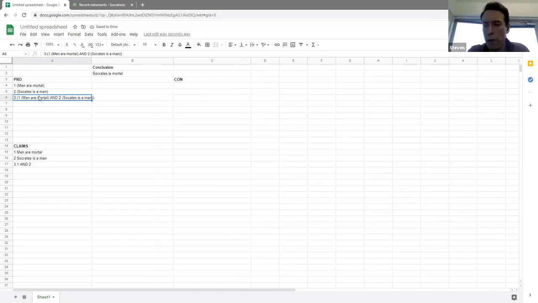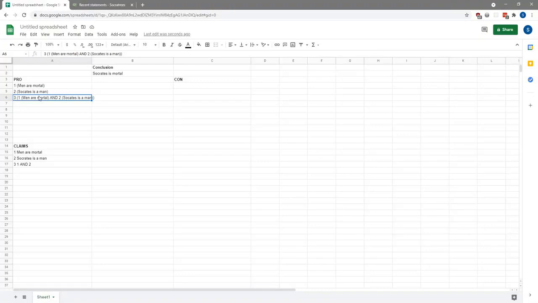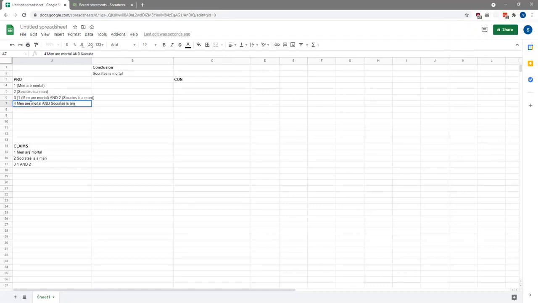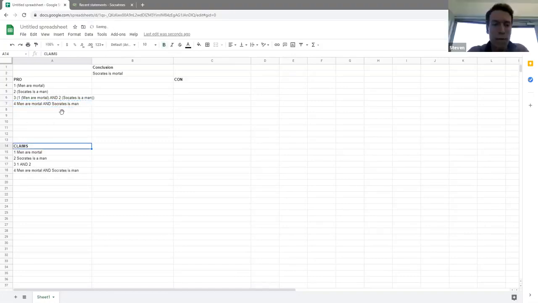What is informal and what is a formal 3? The informal 3 is the sentence "men are mortal and Socrates is a man." Well, actually, this is a conjunction. So you're saying 4: "men are mortal and Socrates is a man," as a sentence. Someone enters that. But that's my point. So now we have 4 forms.